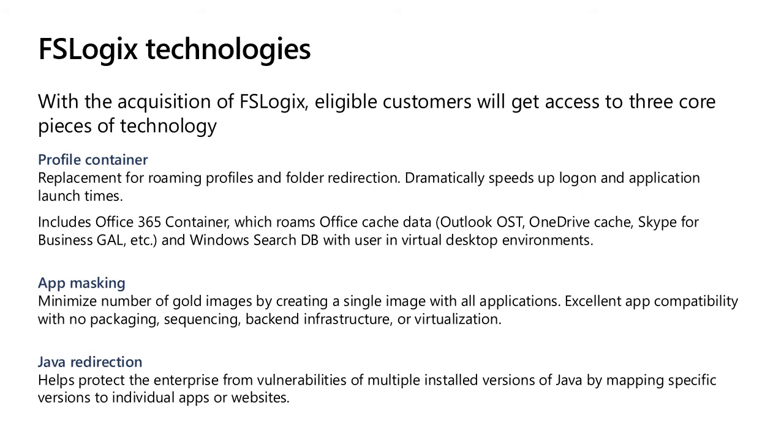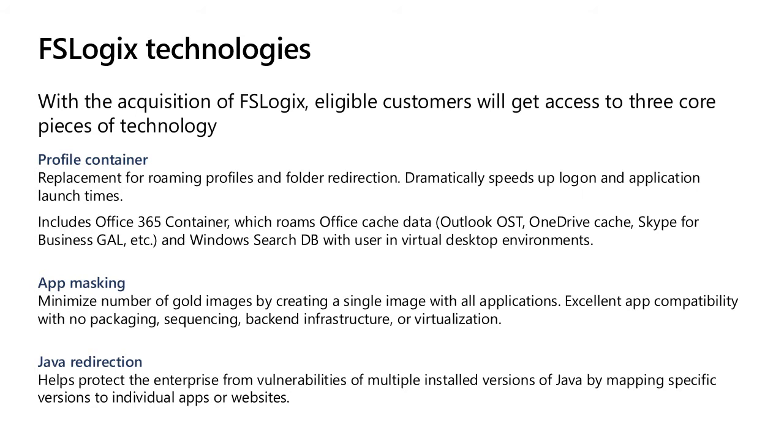It also does app masking. It minimizes the number of gold images by creating a single image with all applications. So no longer do you have to have a gold image in a network share somewhere that you have to install for each and every instance of Office 365 or any application.